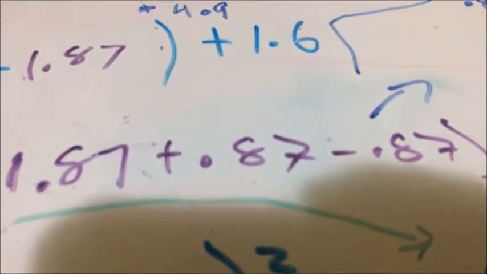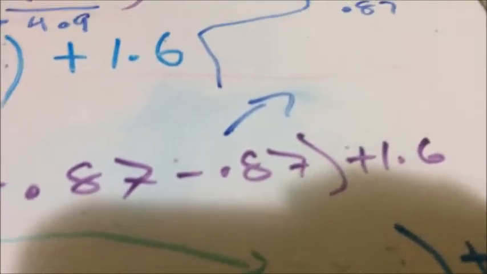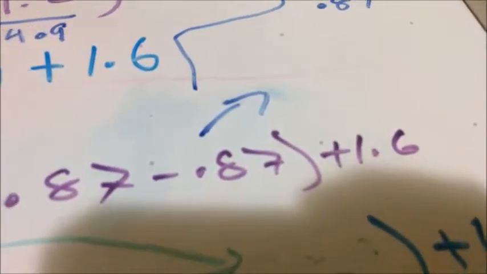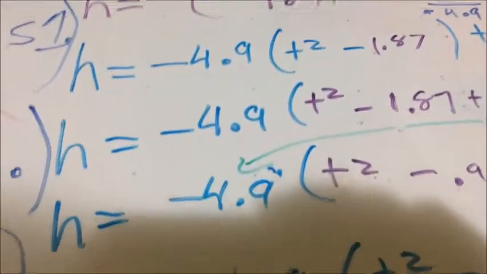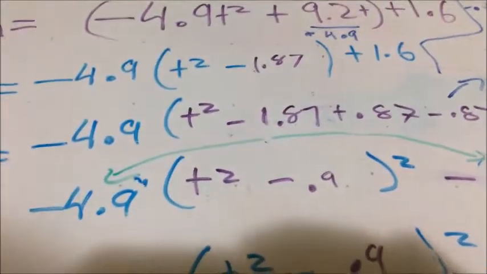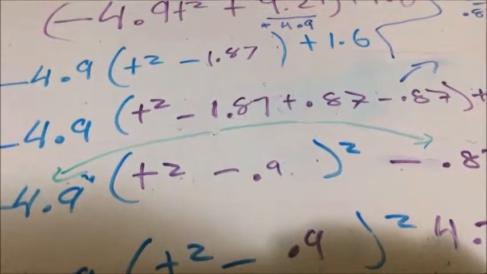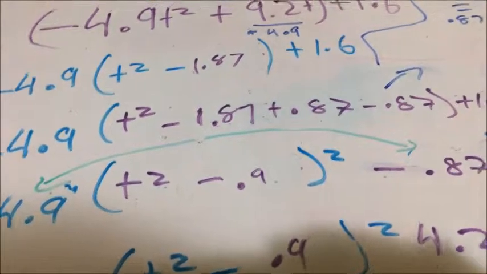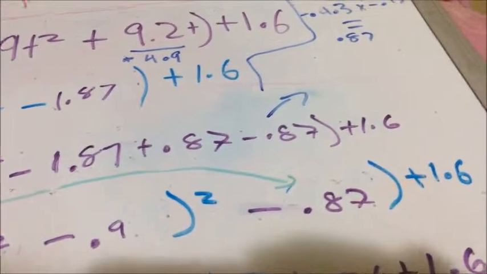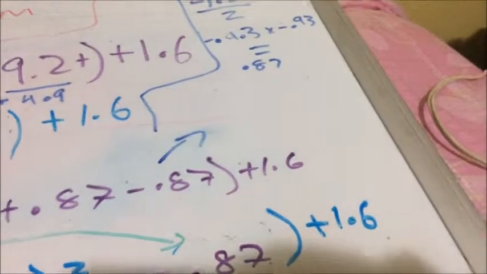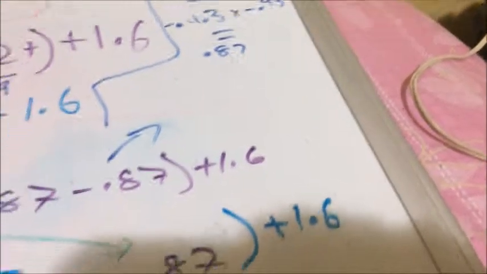So we add that 0.87, and then we also subtract it to balance the equation. We should then be left with h equals negative 4.9 bracket t squared minus 1.87 t plus 0.87 minus 0.87 bracket plus 1.6.